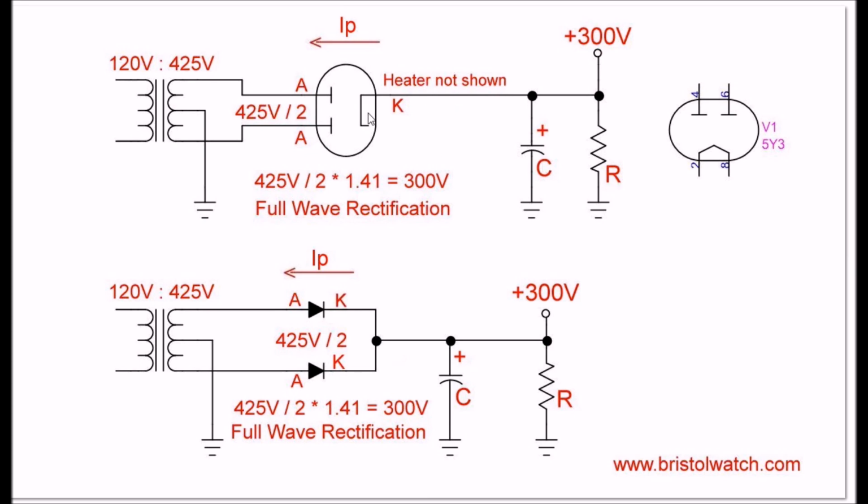I didn't show the heater here in this particular rectifier, but it's there, as the heater was the cathode in the 5Y3. But again, electrons are boiled off the cathode here and migrate to the plates. And your current is from cathodes to anodes. Notice the arrow. That is your real current flow.